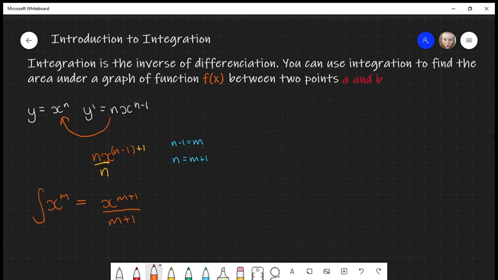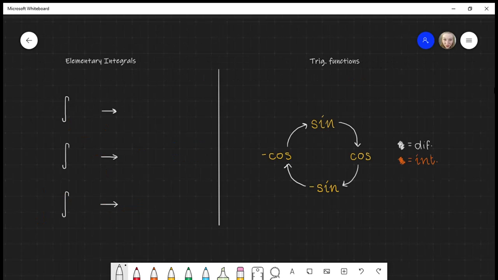Now I'll show you a few more integrals of some elementary functions that you should know, or that I recommend you learn. On the left hand side, we've got some elementary integrals. What we've just done is x to the n, and as we now know, the integral of x to the n is x to the n plus 1 over n plus 1.